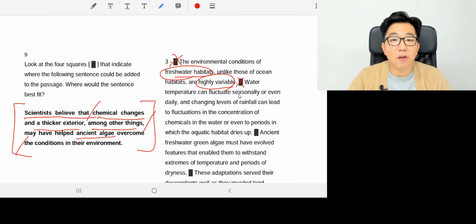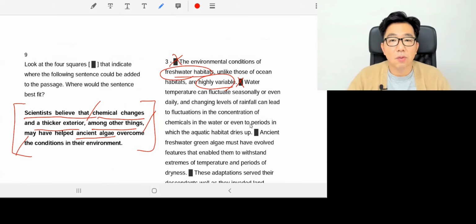Water temperature can fluctuate seasonally or even daily. Changing levels of rainfall can lead to fluctuation in the concentration of chemicals in the water, even to periods in which aquatic habitats dry up. So it talks about water temperature and changing levels of rainfall and how they can affect things. Okay.